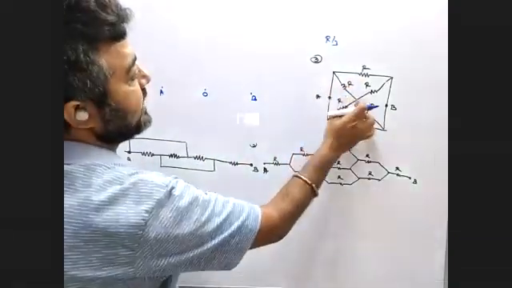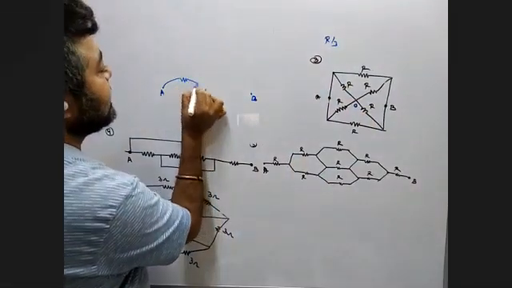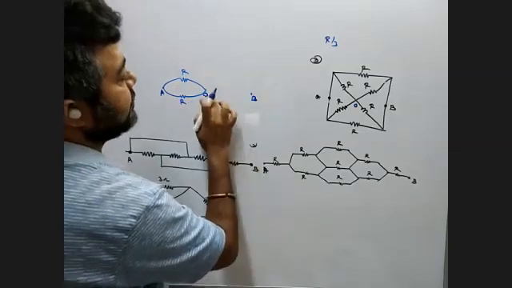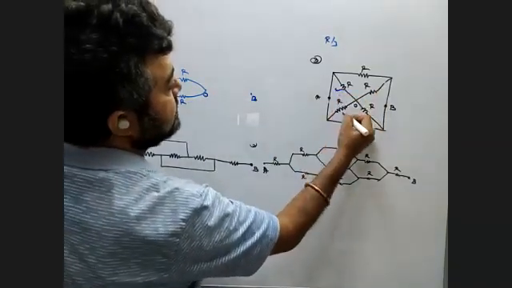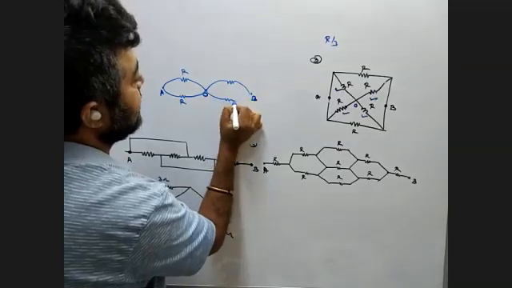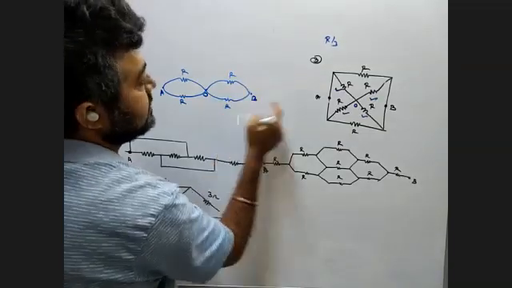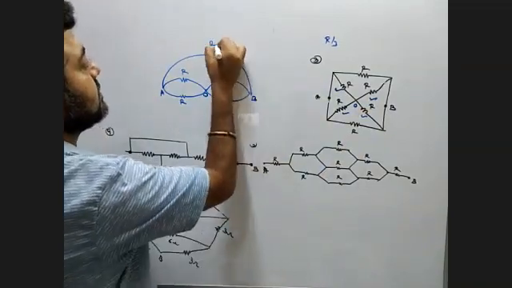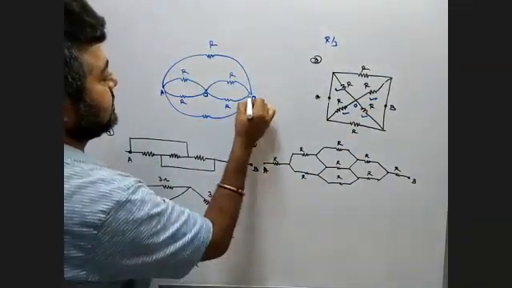So between A and O, you have 2 resistances, right? R, R. Between O and B, you have 2 resistances. Between A and B, you have 1 resistor.